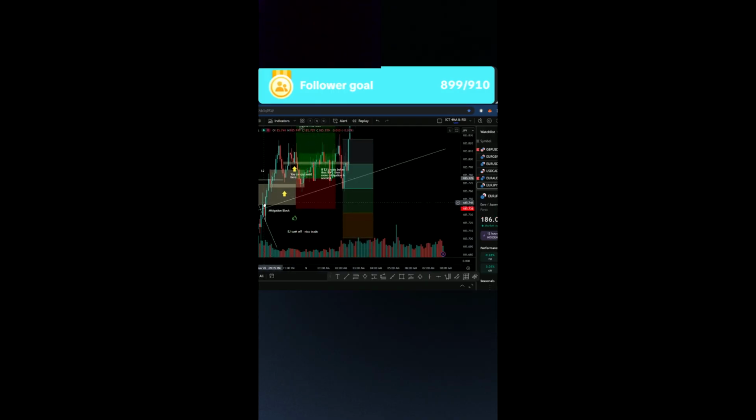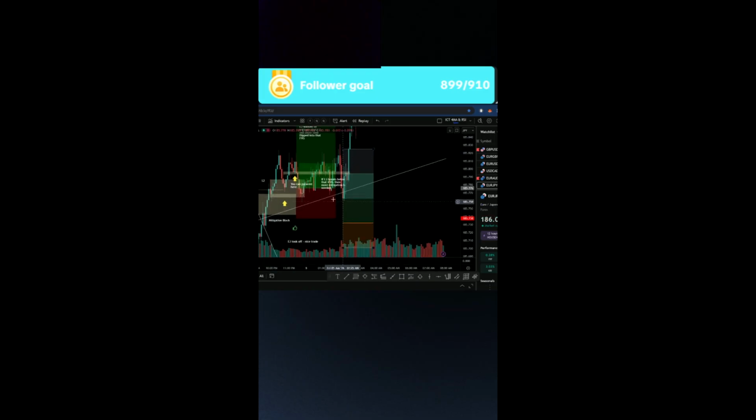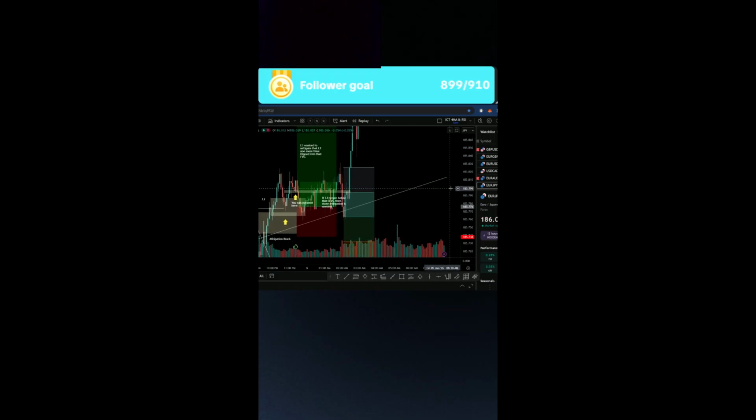Did it take liquidity? No, it did not. Actually, I think it did. Hold on, let's check. No, it held. Okay, so it did not take liquidity. But as you can see, our stop loss was behind this mitigation block, so that would have prevented anything from taking us out.